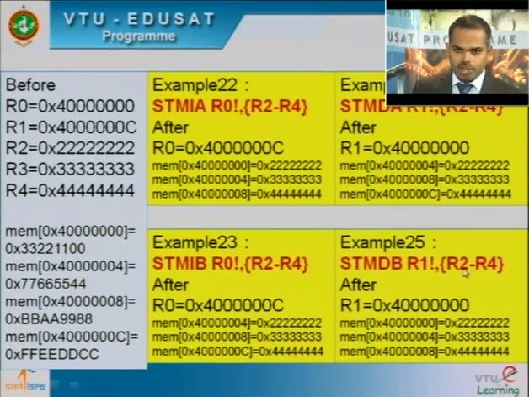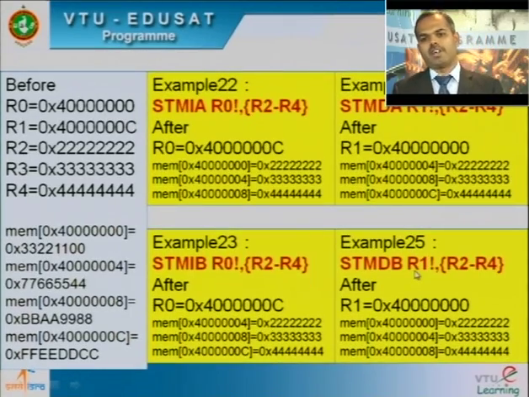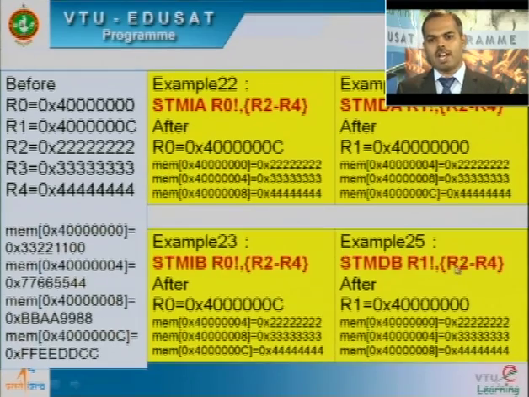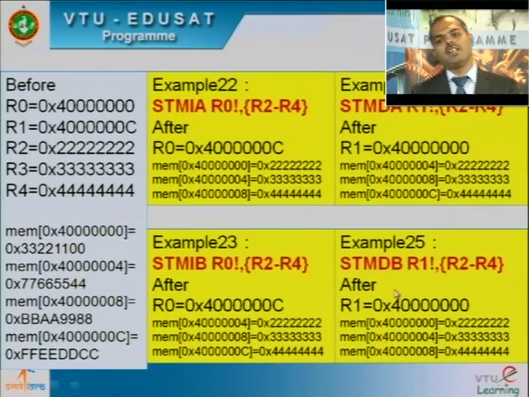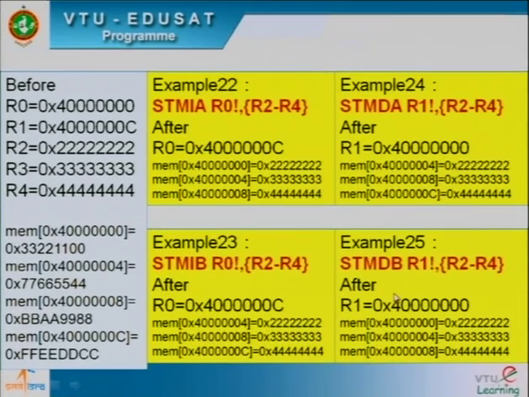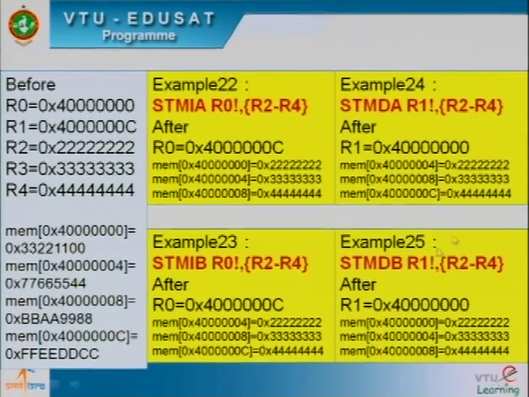Copy the R2 value content to R1, decrementing R1 before, since it's STMDB, that is decrement before. Whatever the memory location pointed by R1, that value has to be decremented. For that decremented value, R2 gets copied. Then again it decrements, R3 gets copied. Then again it double decrements and R4 gets copied.